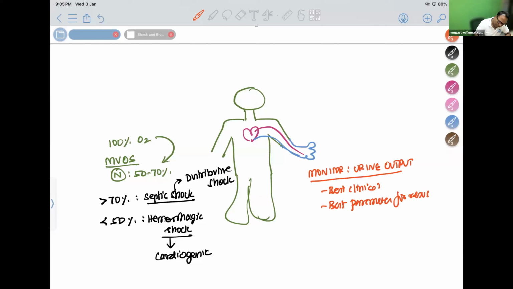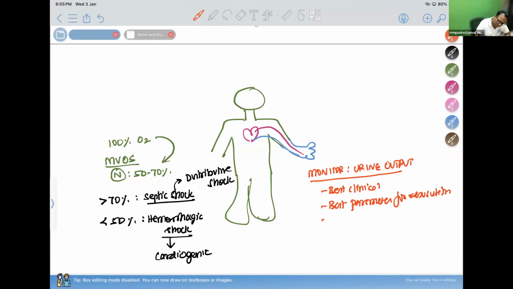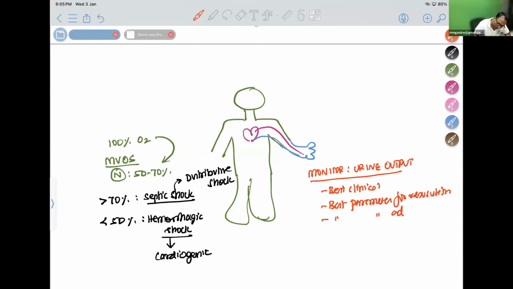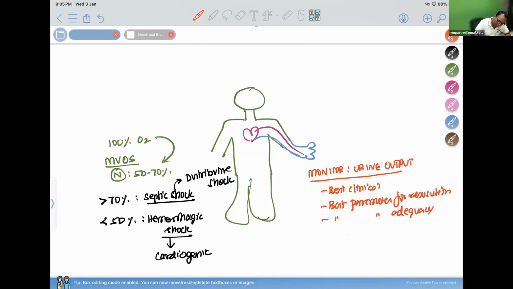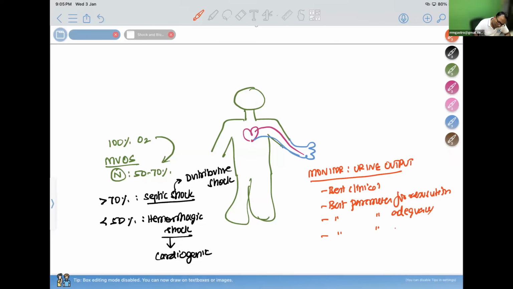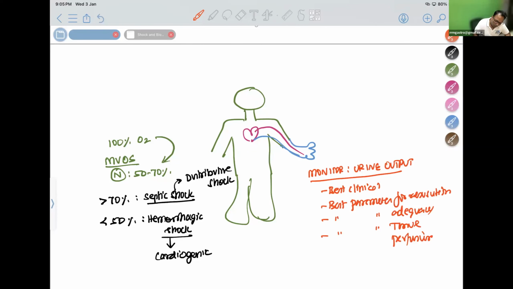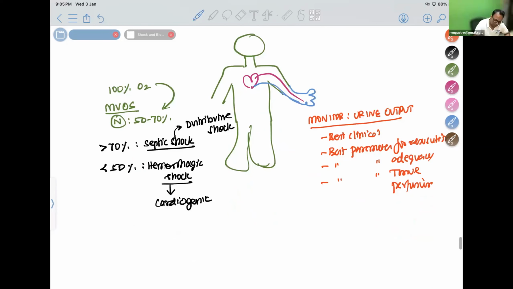Okay, best parameter for adequacy of resuscitation. It is the best parameter for tissue perfusion. So whatever the question, the answer is urine output. Only one exception is CVP. CVP is best for fluid calculation. For fluid calculation, the best is CVP. That is the only point for CVP.